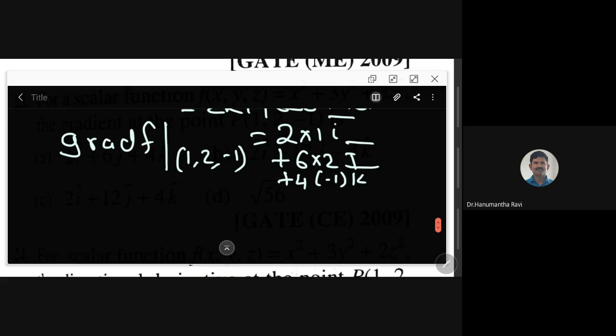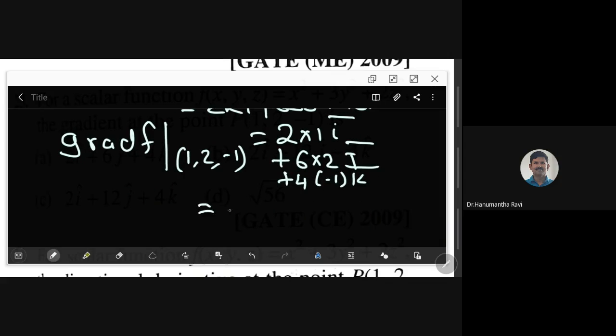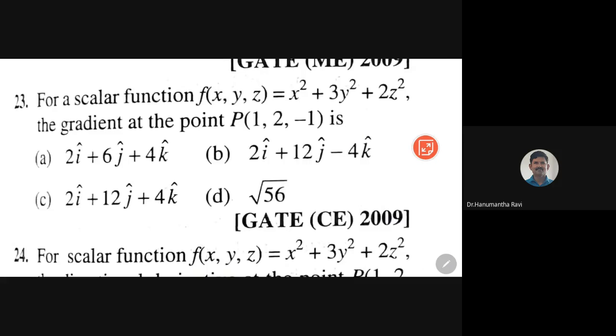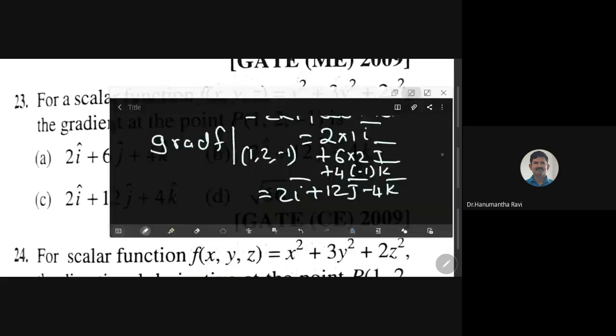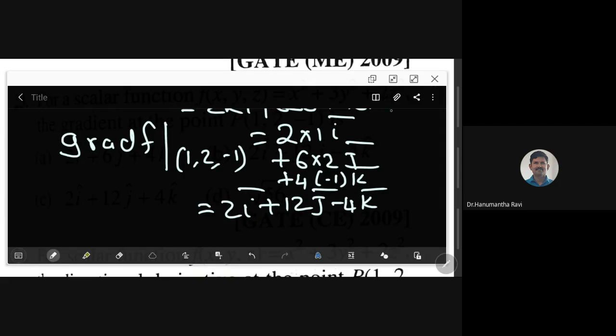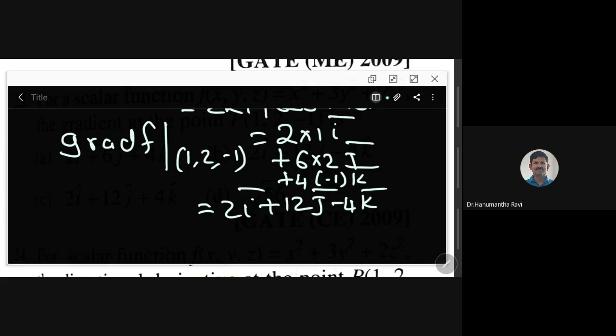So this is equal to 2i bar plus 12j bar minus 4k bar. That is B. B is the correct answer here.